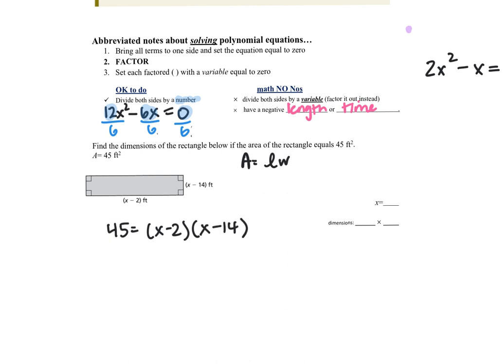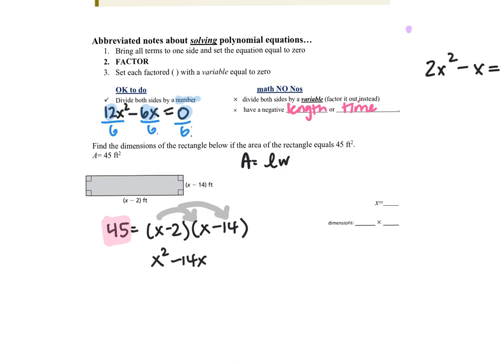Now, it is great that it's factored, but as you can see, it is not set equal to 0. So since that isn't a 0, we're going to have to multiply this all out and set the whole thing equal to 0. So I'm going to start by either double distributing or foiling, however you want to think of it. I'm going to do x times x is x squared minus 14x.